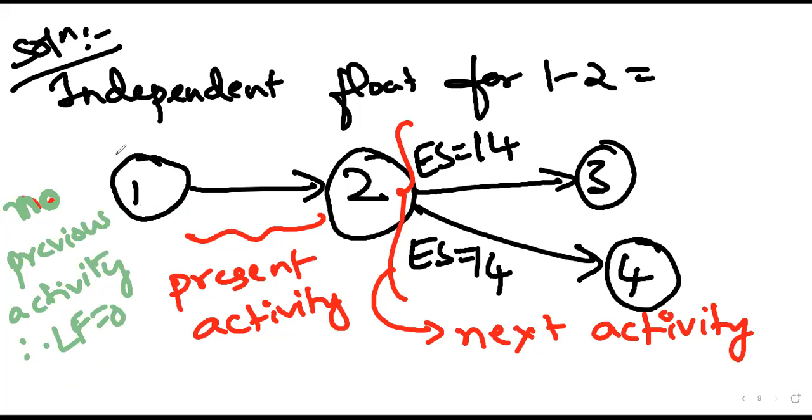Anyone has any doubts here? So in this case, can you calculate the independent float for the first activity?